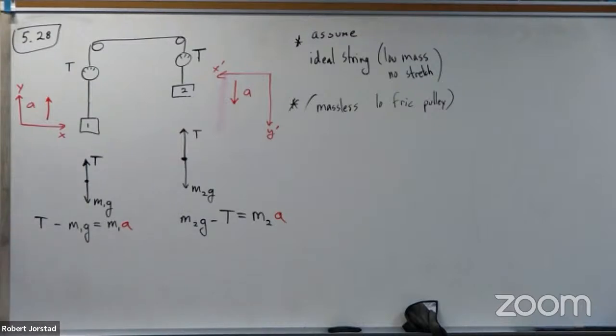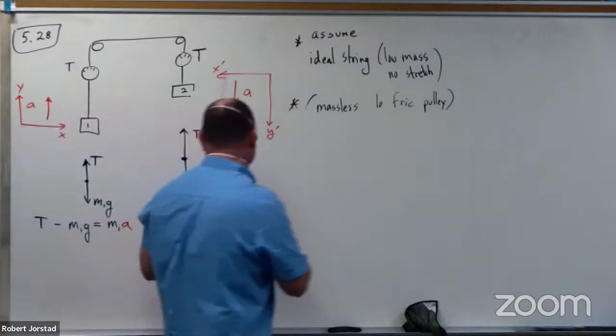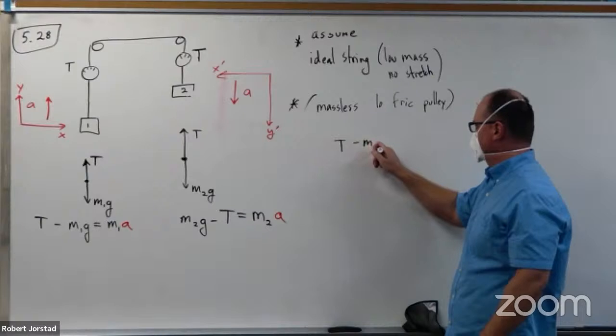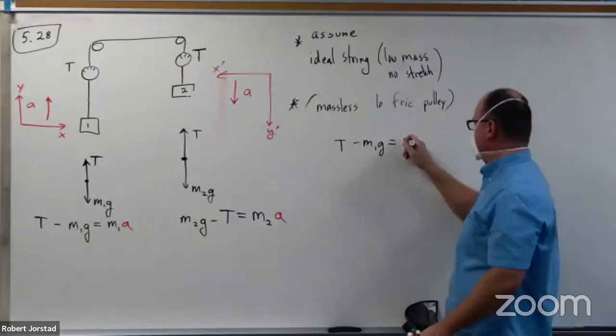Okay, next. Check out this fun trick. You could figure out the acceleration by solving for T and plugging it in. Look at this. I'm going to stack these equations and add them, when you do the rotated coordinate system.